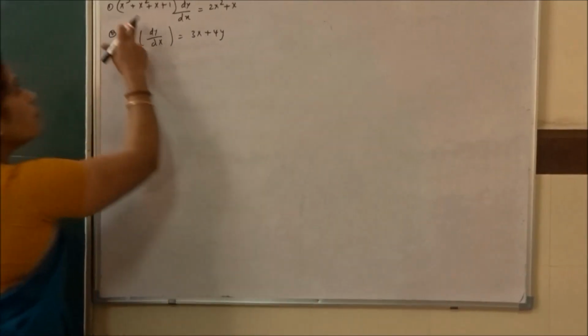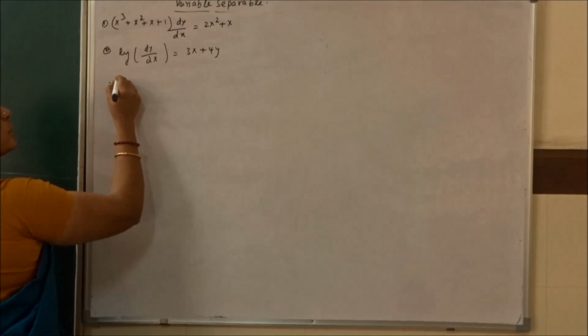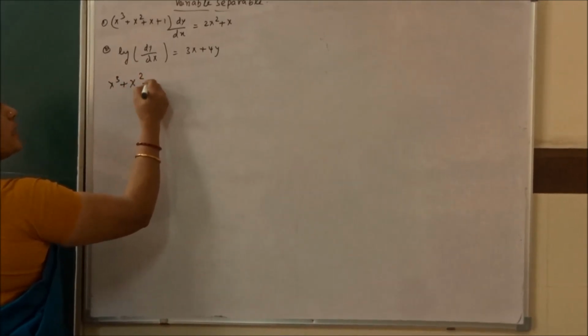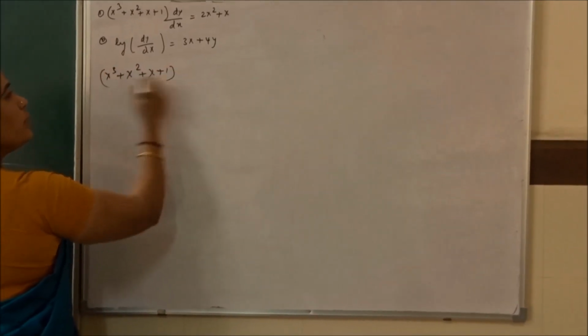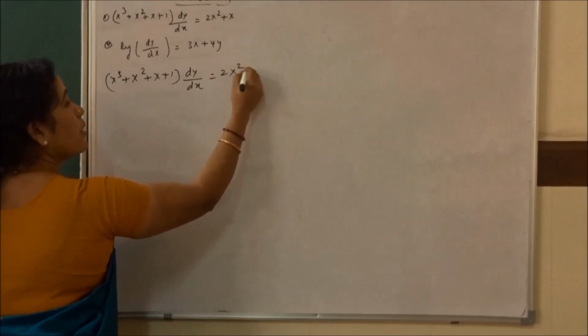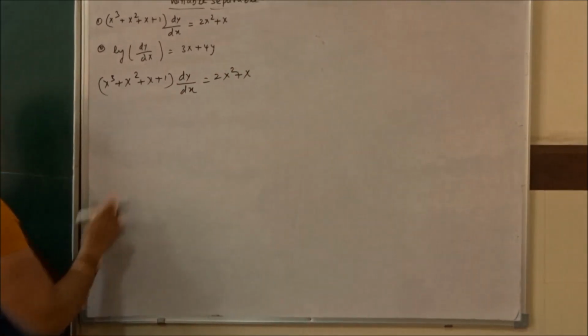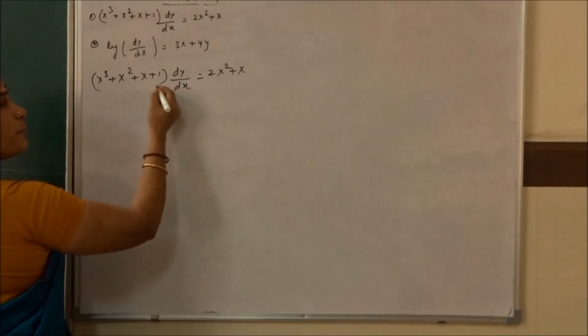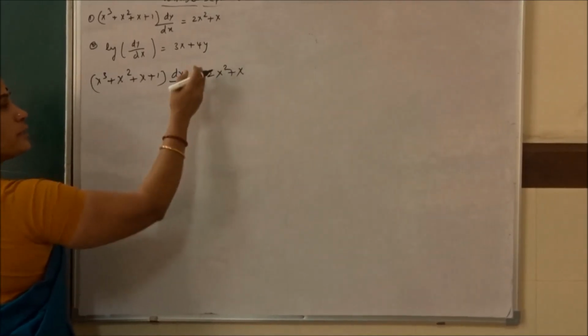Now see, I am taking the first question: (x cube plus x square plus x plus 1) into dy by dx equals 2x square plus x. Taking variable separable, collect all x and dx on one side. So I get (2x square plus x) upon the denominator, with dx, equal to dy. If I take x square common, this becomes x plus 1, again x plus 1 into dx.